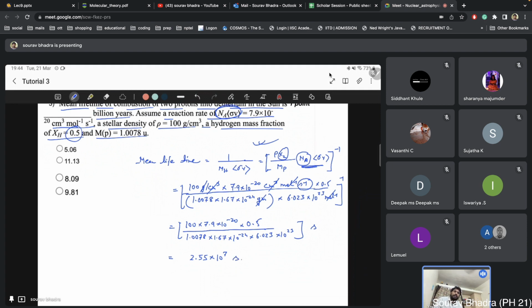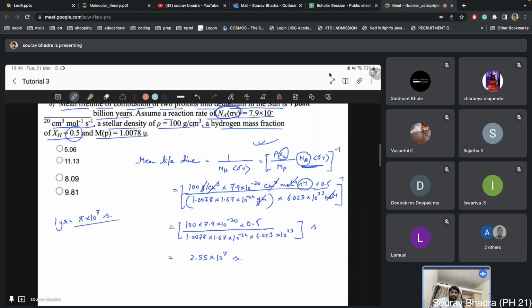Now a very useful formula to remember: how many seconds are there in a year? That is pi times 10 to the power 7 second. Just remember, it is nearly that; it is actually 3.15 times 10 to the power 7, but it is easier to remember if we consider it as pi.